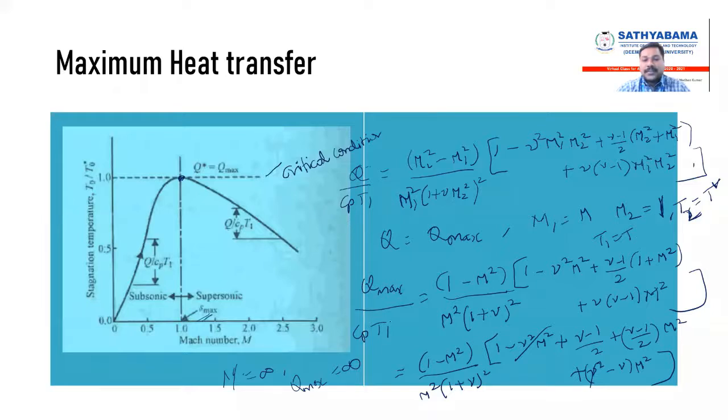So what we get, Q max by Cp T1. In this equation we just substitute M1 is equal to M and M2 is equal to 1. So what we get: 1 minus M square into 1 minus gamma square M square plus gamma minus 1 divided by 2, 1 plus M square. So we have this expression finally. In this expression we can again re-simplify, and finally we can cancel some terms, right?